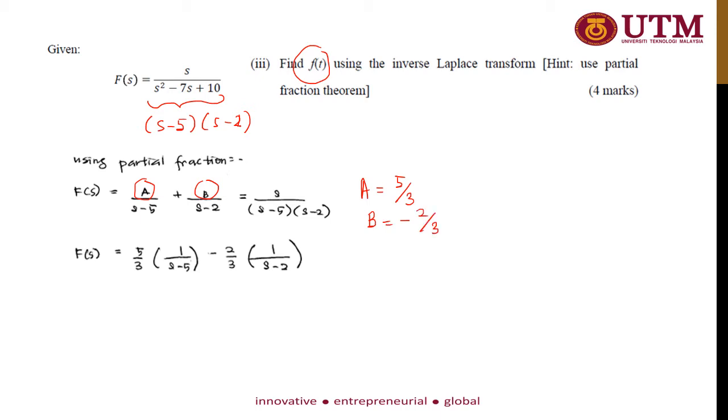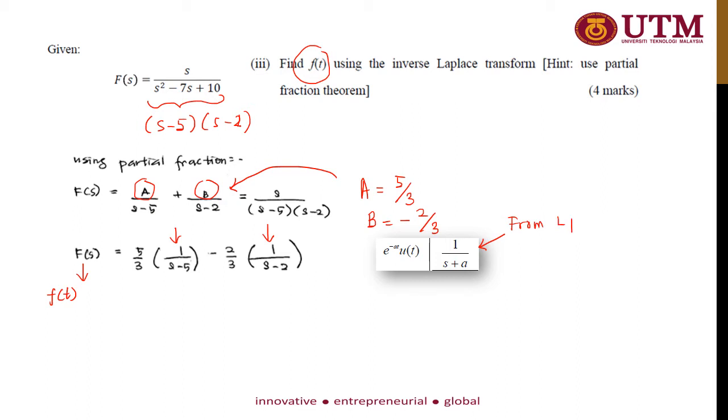So you put all the values into the equation. Now you already have the equation in shape. Then to get f(t), you need to compare the components with the table. You will notice that these two components are in the shape of this from the Laplace transform table, so you can compare each individual component.